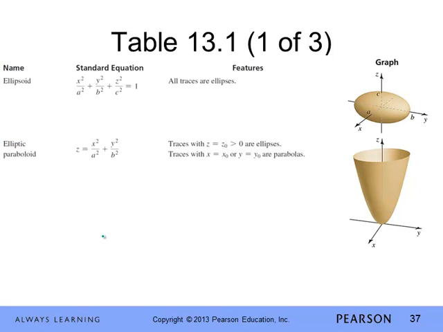So we have the ellipsoid. Remember what the equation of an ellipse is. This is the three-dimensional version of it. The orientation of it, meaning the longest part of it, where you have the major axis, is determined by which of these x, y, or z terms has the largest denominator.